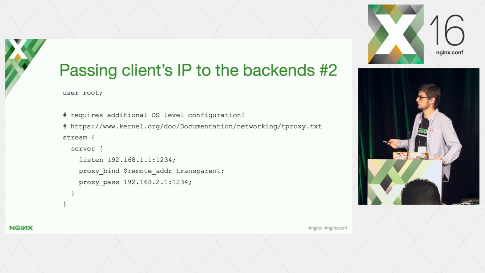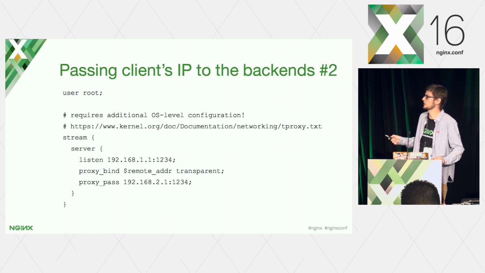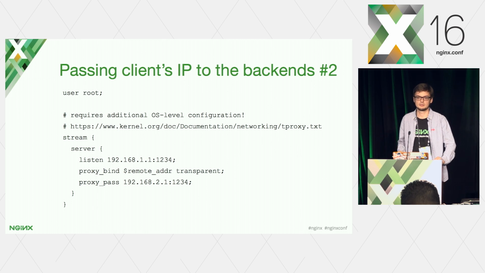Unfortunately, that requires not only configuration on the NGINX side, but also configuring your routing table on Linux and messing with iptables. But the worst thing about that is you have to make sure that your worker processes are running as the superuser, root. And from a security point of view, that's something you most definitely want to avoid.